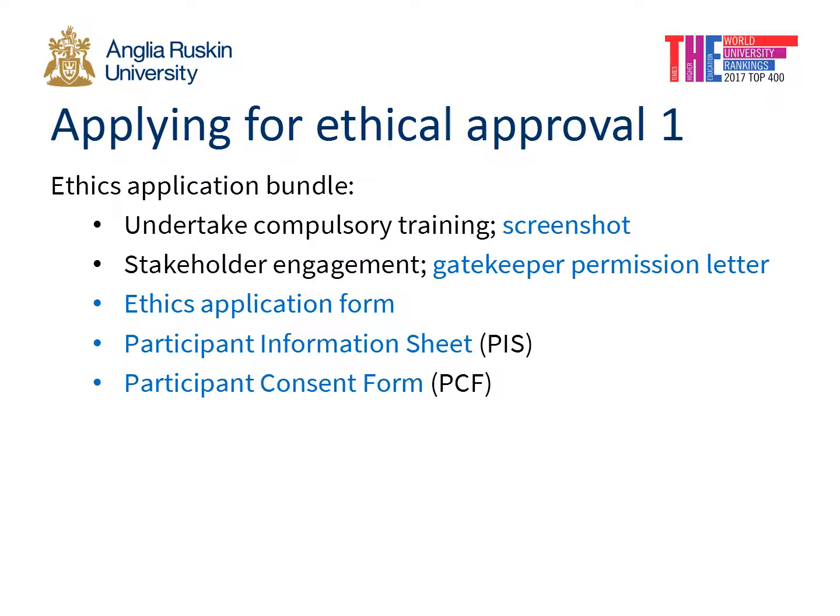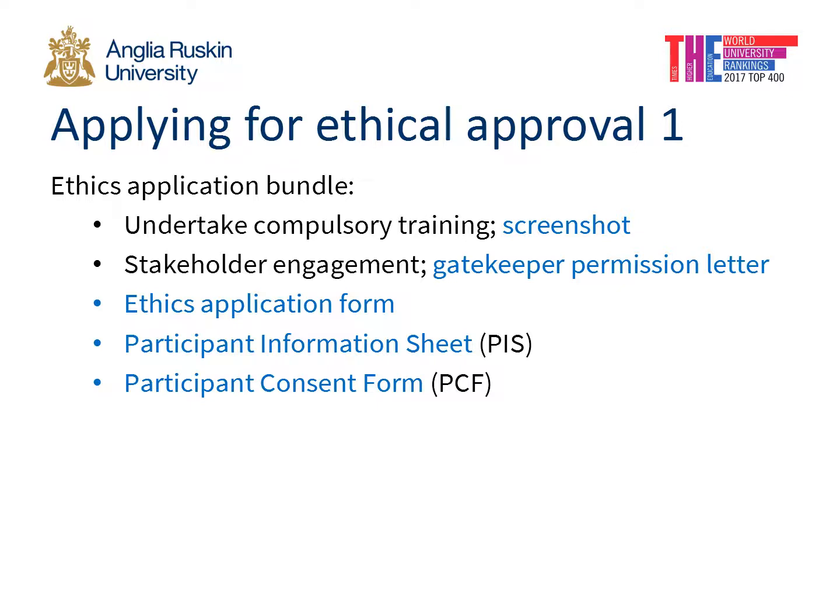So, applying for ethical approval. What needs to be included in what I have referred to as your bundle of documents? Firstly, it's imperative that you undertake the compulsory training. So you need to attach a screenshot of this as part of your bundle of documents. You need to provide a gatekeeper permission letter, providing permission to undertake the research.